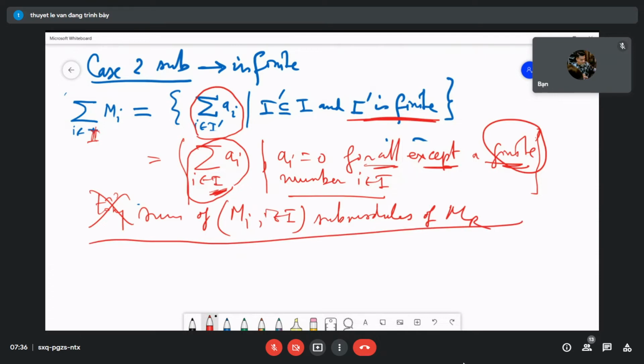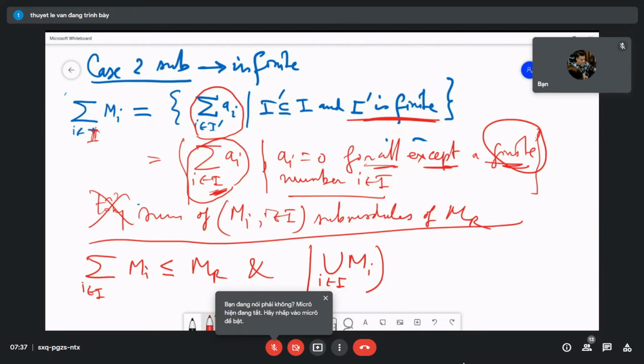And the sum here, we prove that it is a submodule of MR. And the union of Mi with i in I, and then you take the generated submodule, that is equal to the sigma of Mi with i in I.